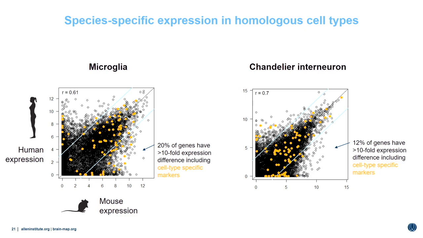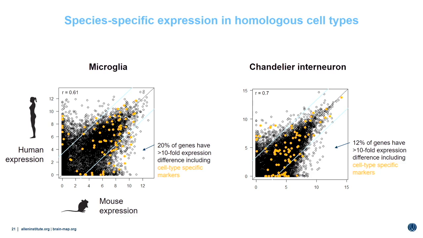And we can ask, how does expression compare between species, even for these very well-matched types? There are a dramatic number of genes that show very large expression differences. So each circle here is a single gene for 15,000 one-to-one orthologs between mouse and human. And 20% of these genes show greater than 10-fold difference, higher in one species or the other.